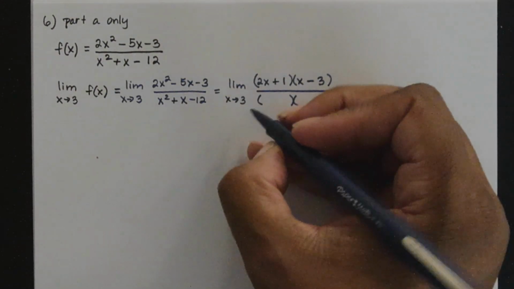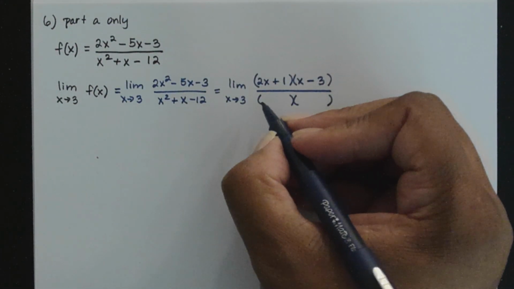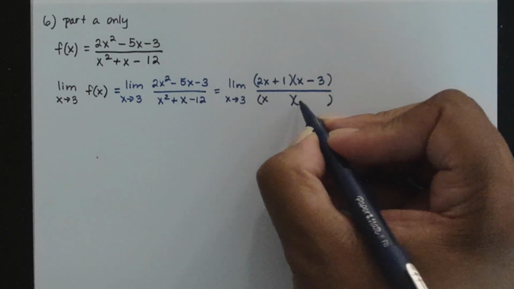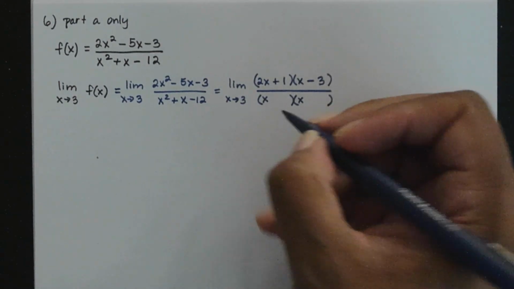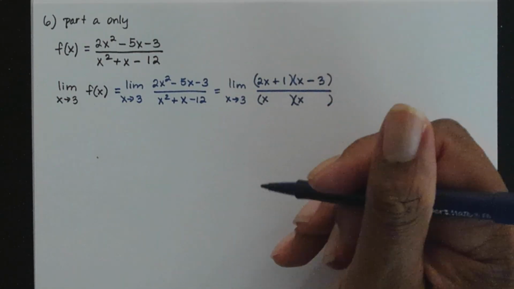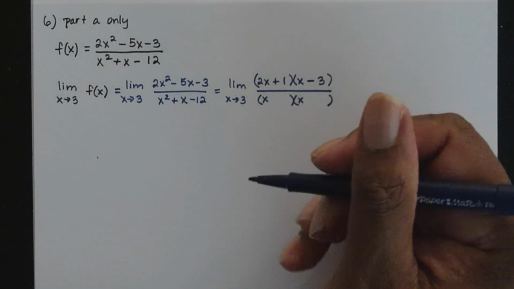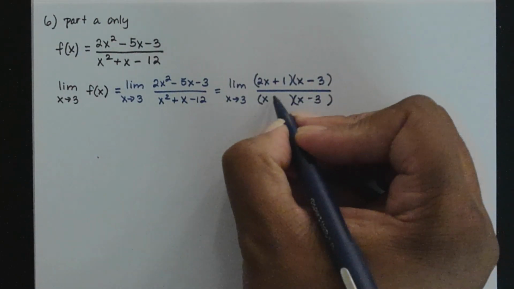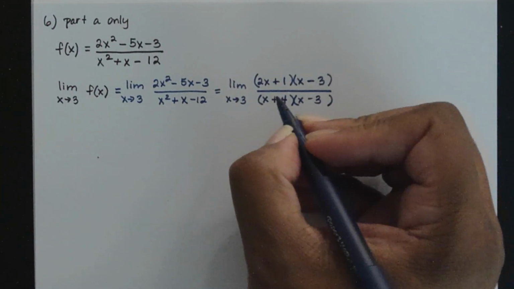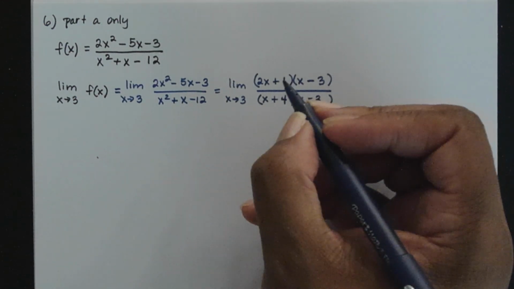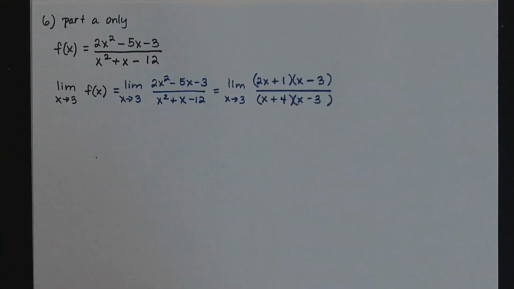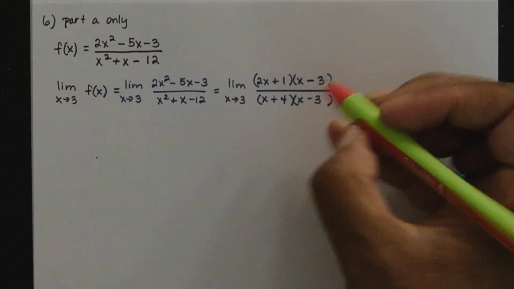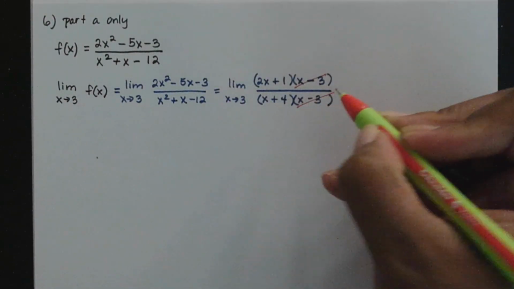And then for the denominator, x squared plus x minus 12, I know I've got an x here and an x here. I need factors of 12 that would give me a 1x. Okay. We can use that as well. And now you can see here we can divide out x minus 3.